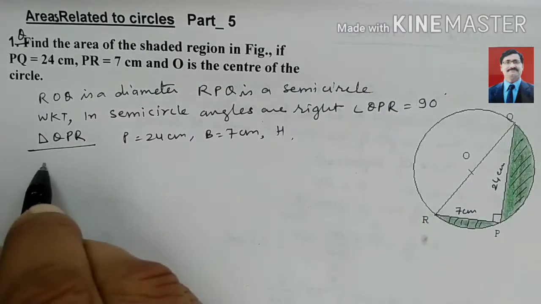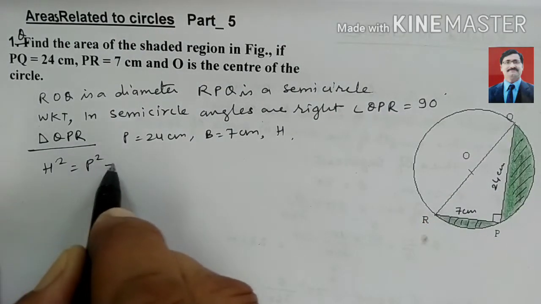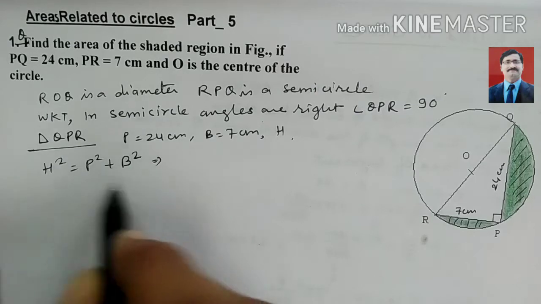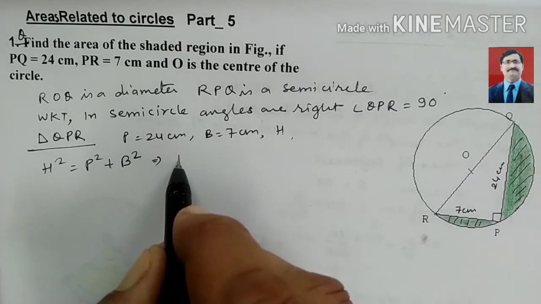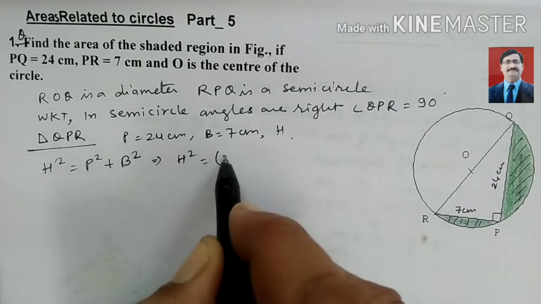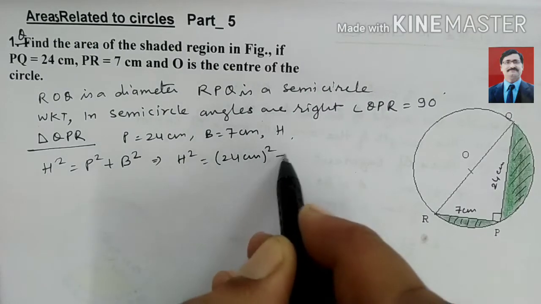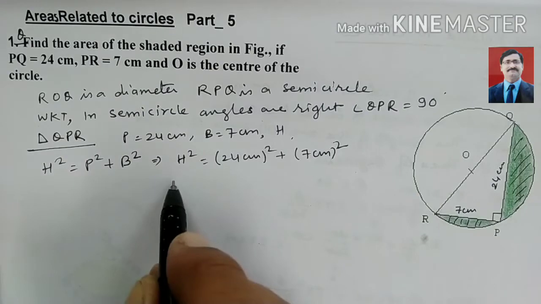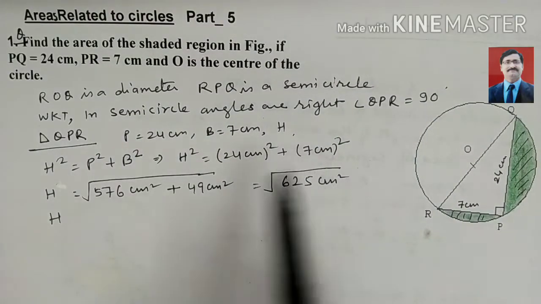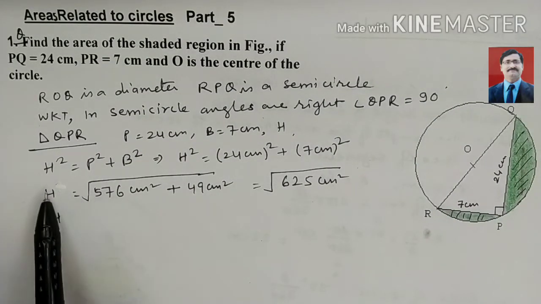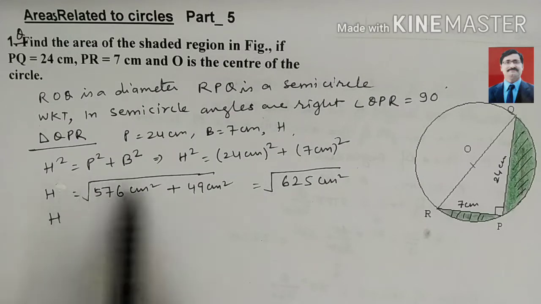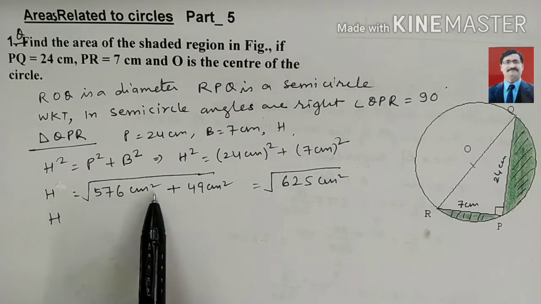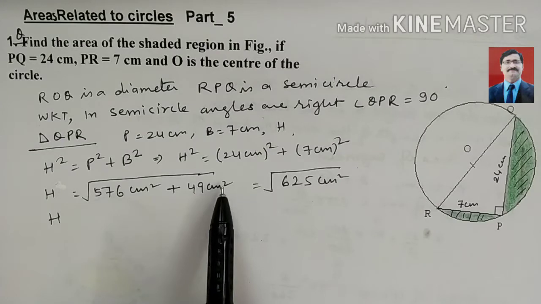And we know that hypotenuse square equals perpendicular square plus base square. Perpendicular is 24 centimeter and base is 7 centimeter. Taking the square root, hypotenuse equals root of 576 centimeter square plus 49 centimeter square.